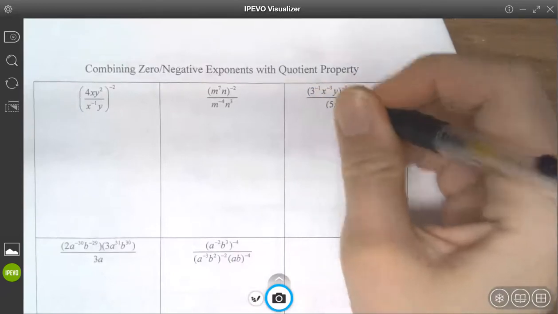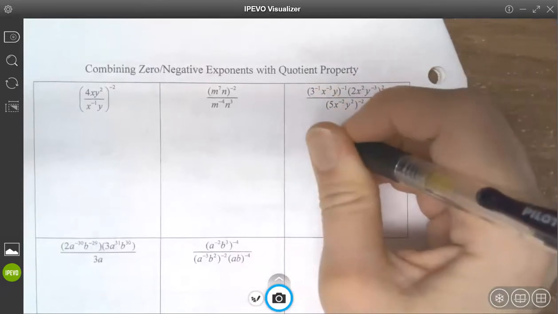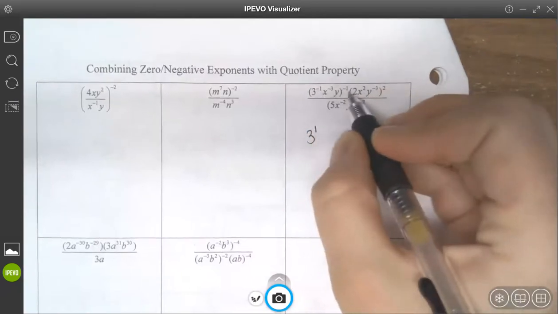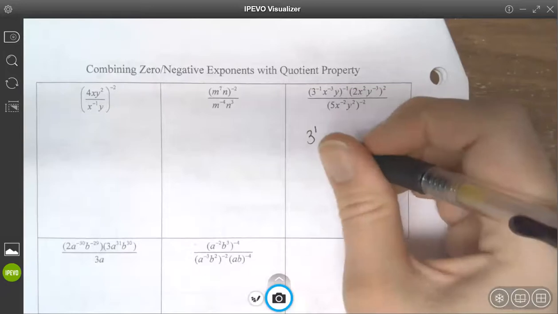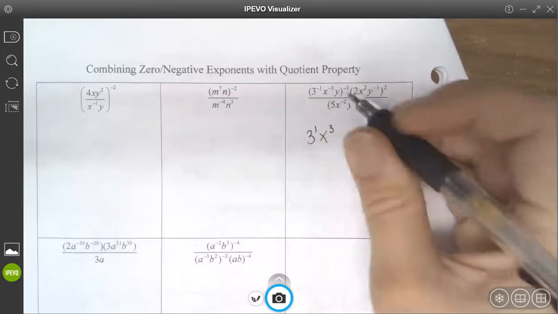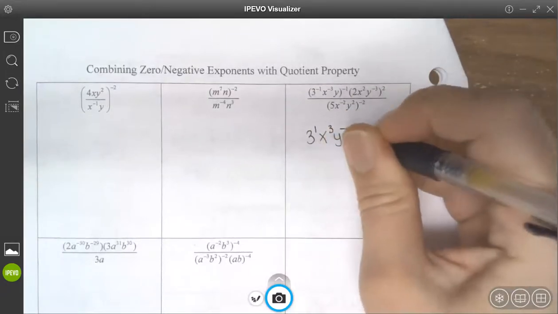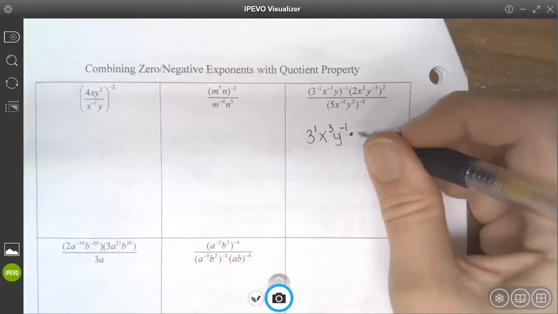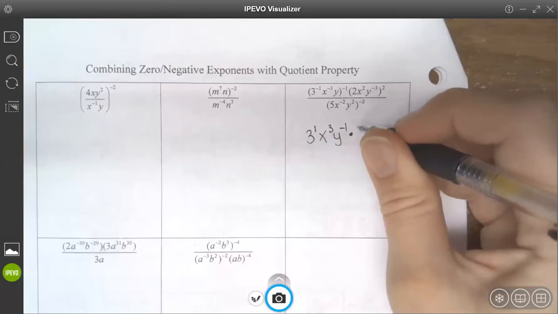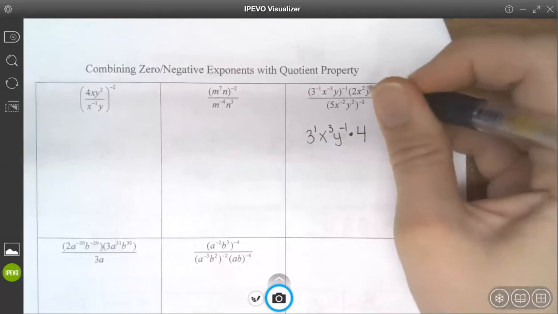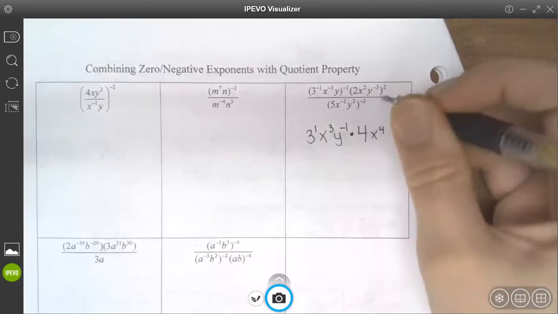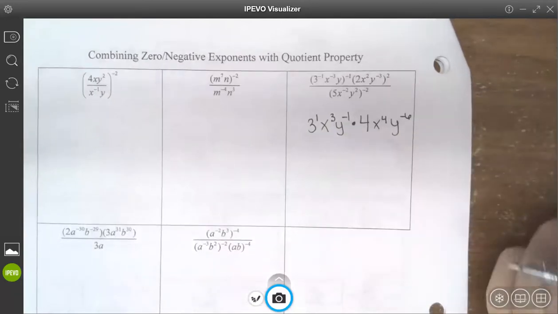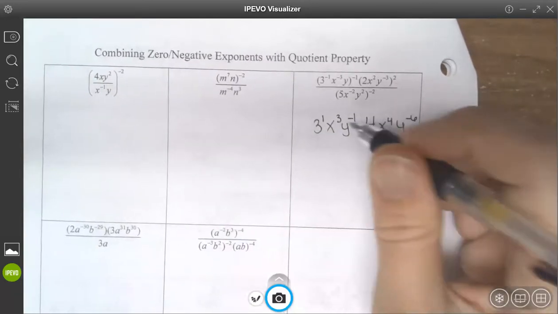So remember, when I bring in a power and multiply, this first parenthesis would become 3 to the 1st, -1 times -1. -3 times -1 makes that a positive exponent. y to the -1st times, bringing in a 2 here, 2 squared, so that's going to give me 4, x squared squared, x to the 4th, y to the -3rd squared, y to the -6. Okay, so now I've brought in that exponent of 2.